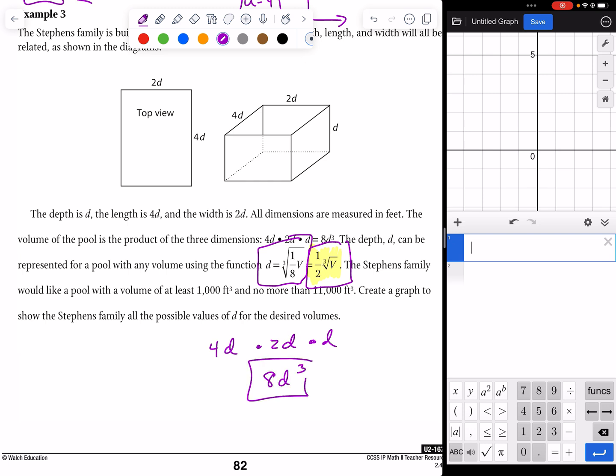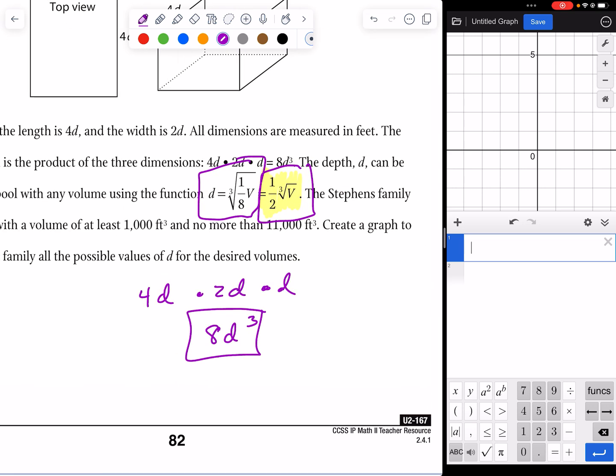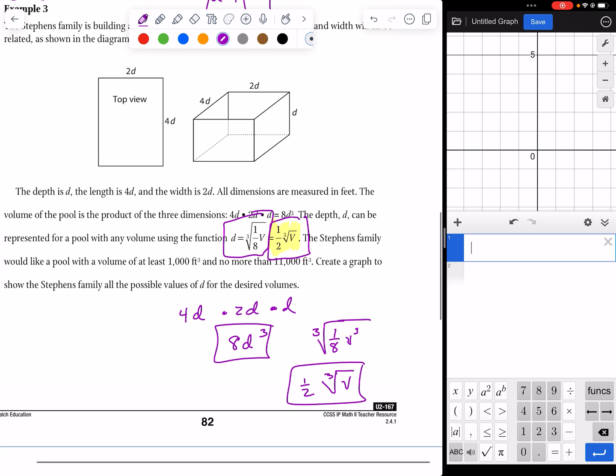Then if you want to do it in terms of volume, you have to reverse that. So the third root of 1 divided by 8, V to the third. That's how they get 1/2 V. Anyway, not the point. They give that to you.